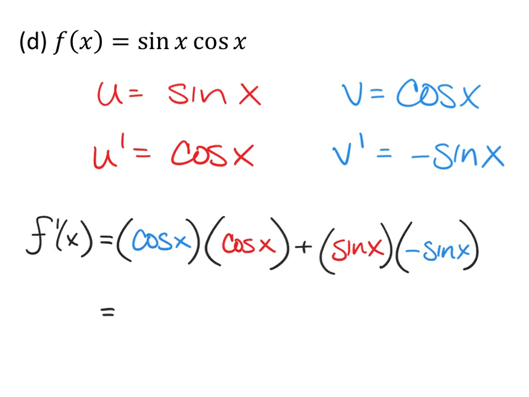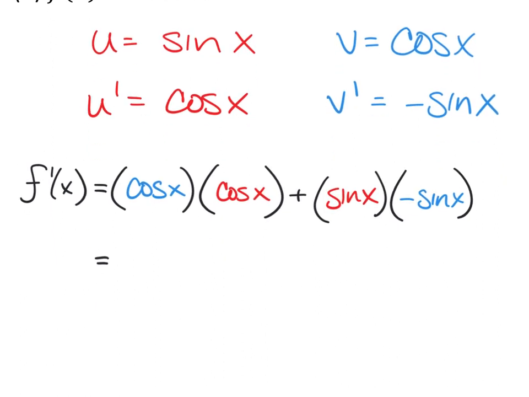If we just follow the pattern, vu prime, uv prime, we should have cosine x times cosine x plus sine of x times negative sine of x. How did you simplify this? How'd you clean it up? Cosine squared of x.